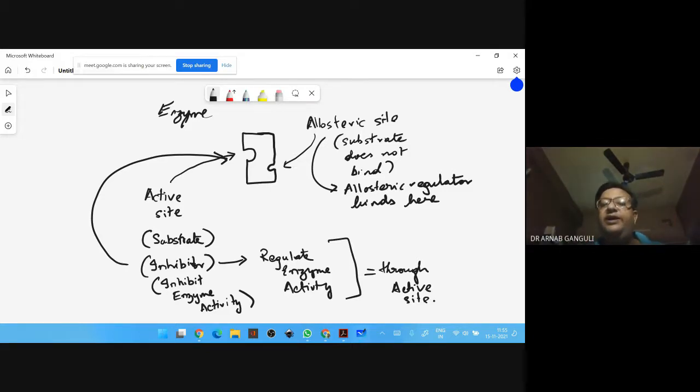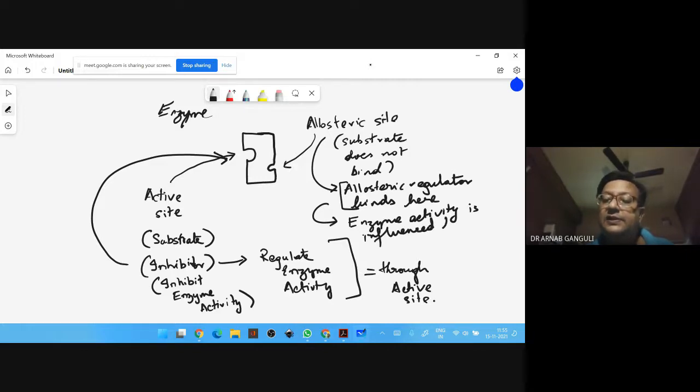So what you can find over here is that enzyme activity is influenced from the allosteric site, not the active site. Okay.